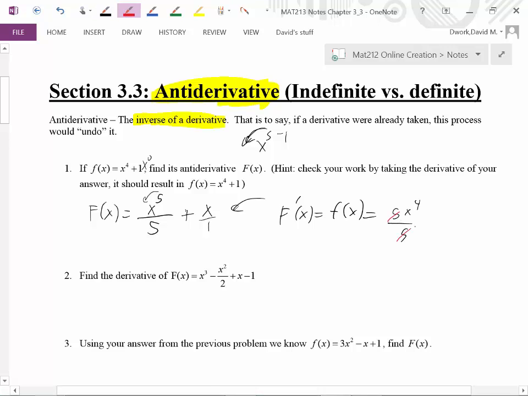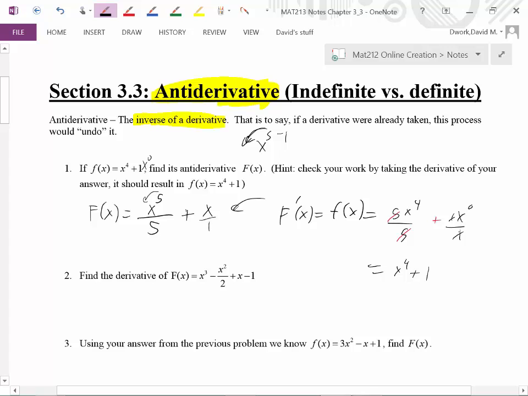Perfect. Those 5s divide. Then plus x to the first, so therefore bring the 1 out to the front, subtract 1. And then we were dividing by 1, so those 1s would divide, leaving us with x to the 0. And x to the 0 is 1. So it worked. That was our antiderivative.